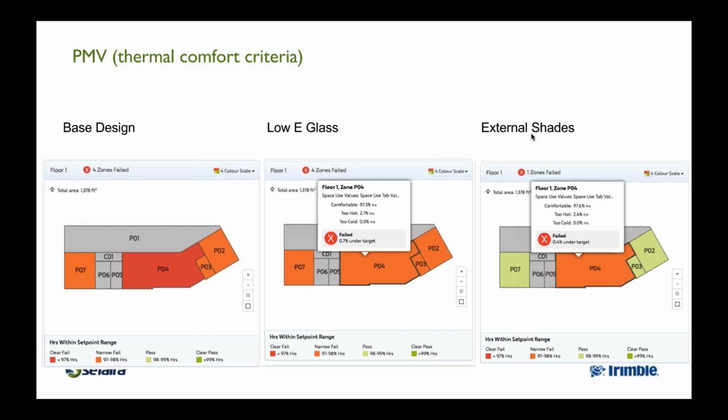different envelope strategies. Now, PMV comfort is quite difficult to calculate normally. What we've tried to do here is to make this workflow very easy. So not only can you get the results straight away and visualize them across the whole floor plate, you can tell a story very, very quickly in terms of how different strategies are performing on your project.